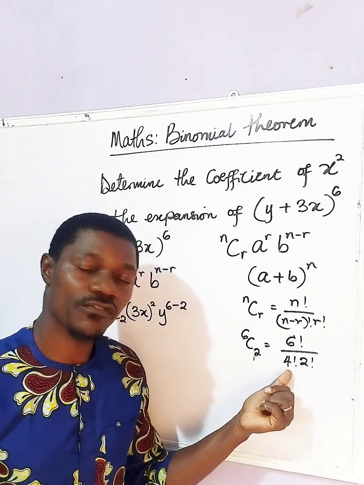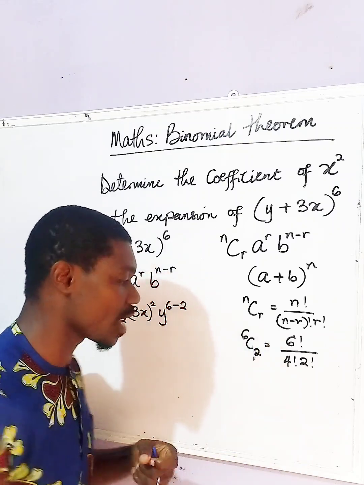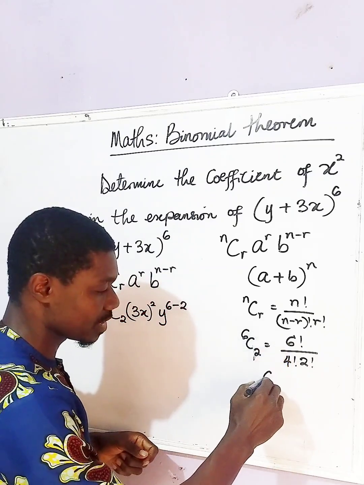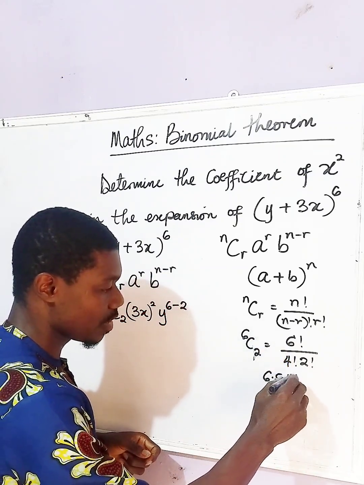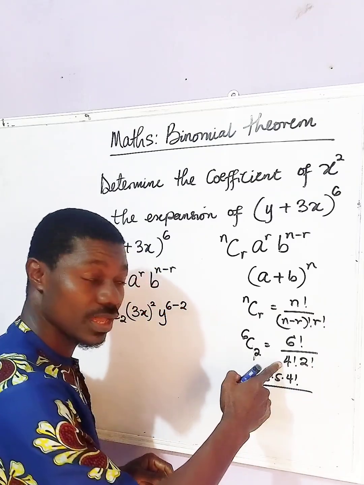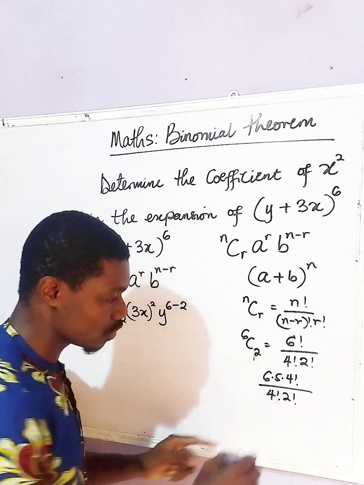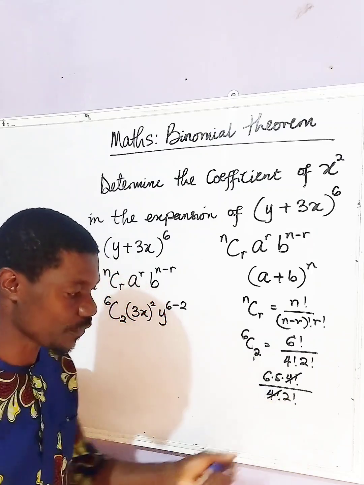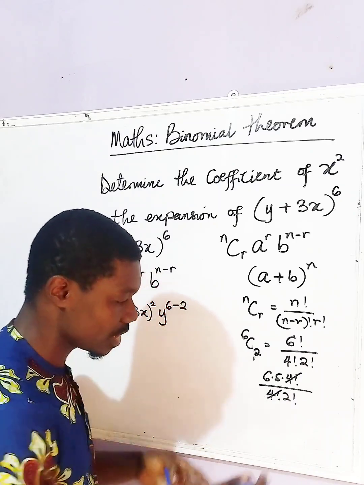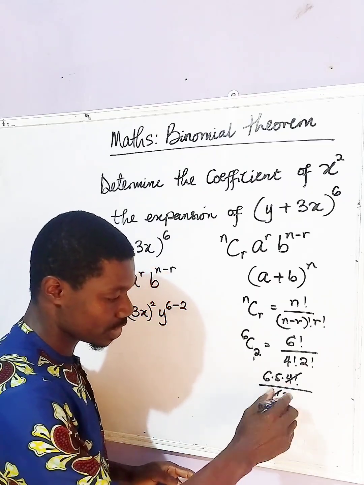Since we have 4 factorial here, we can simplify 6 factorial: 6 factorial implies 6 times 5 times 4, and once we've gotten to 4, we should stop because we have 4 factorial in the denominator, so we can eliminate it. And 2 factorial is 2 times 1.